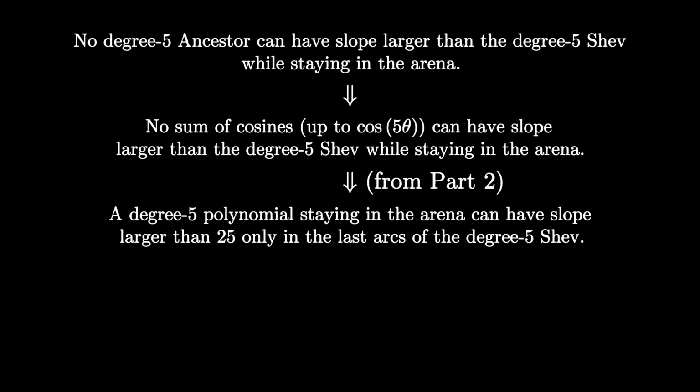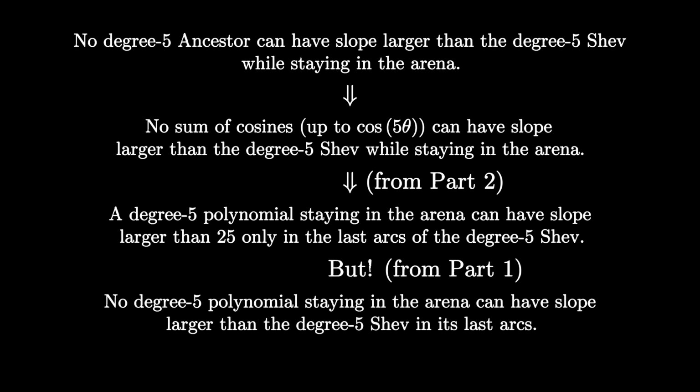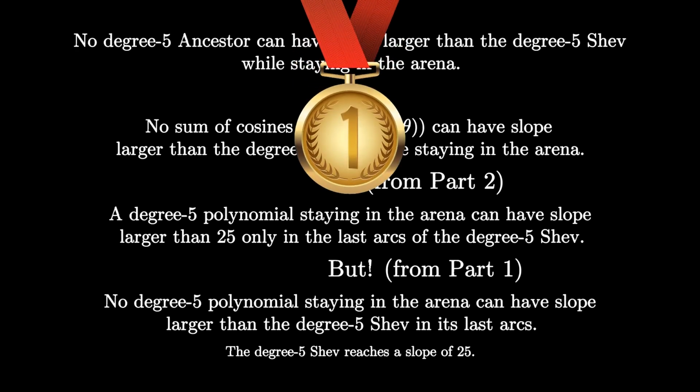Any slope larger than 25 must be in the areas corresponding to the last arcs of the Shev. But from the first video, we know that no polynomial can have a slope larger than that of the Shev in the last arcs of the Shev as long as it has degree at most 5. Since the Shev does reach a slope of 25, we can be certain now that no contesting degree 5 polynomial can have a slope larger than Shev has. The Shev is unbeatable. What about for other degrees though?